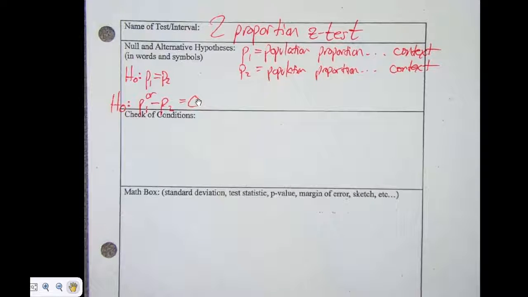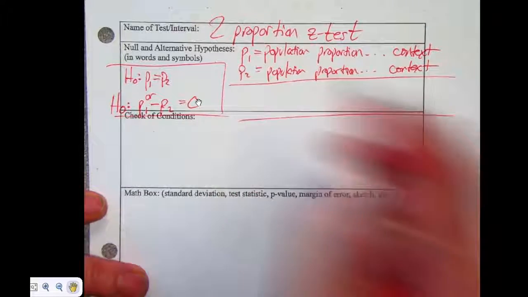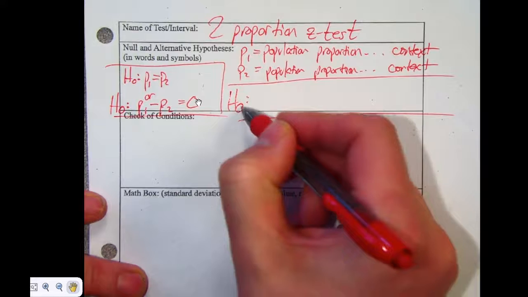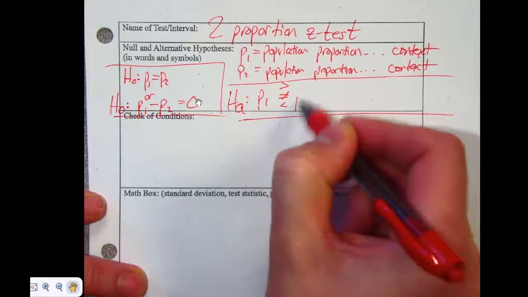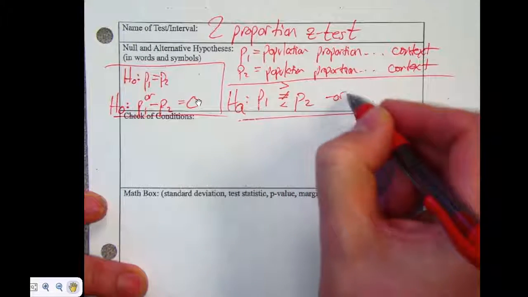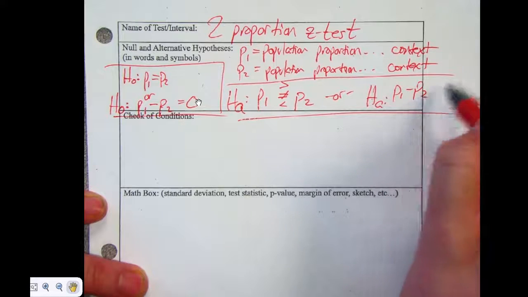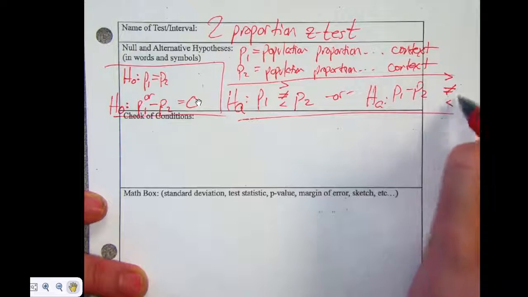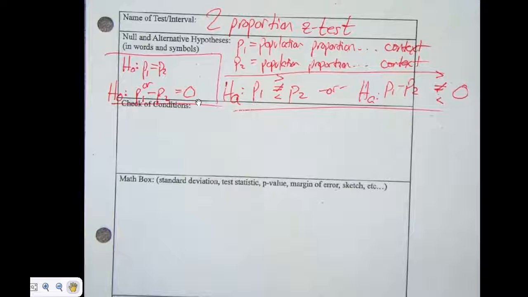It's the same thing, right? They're equal. Then when I subtract them, I should get 0. And then this box is becoming too small. HA would either be P1 is greater than, not equal to, or less than P2, or P1 minus P2 is greater than, or not equal to, or less than 0. I feel like we're basically just taking what we did and making it more annoying.